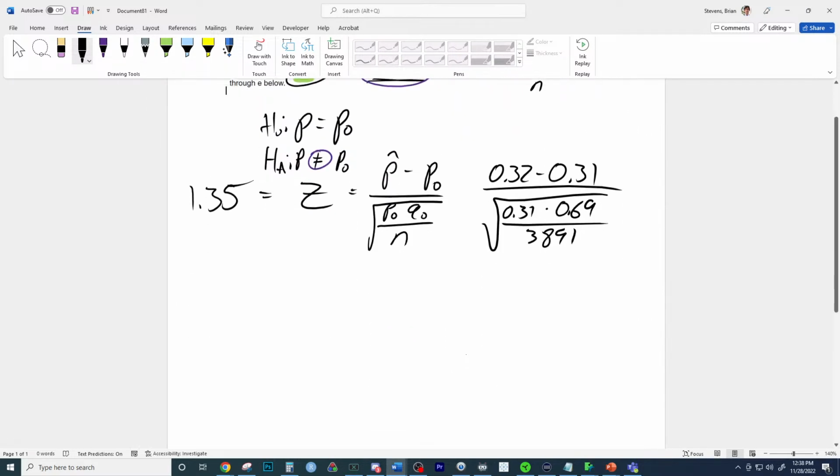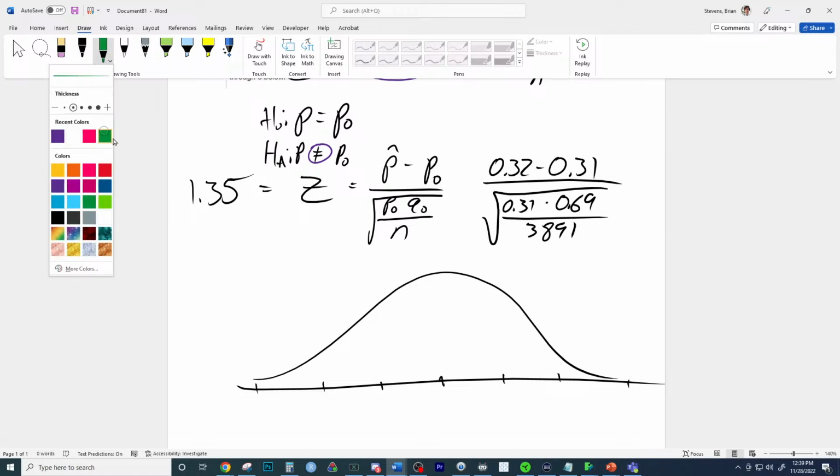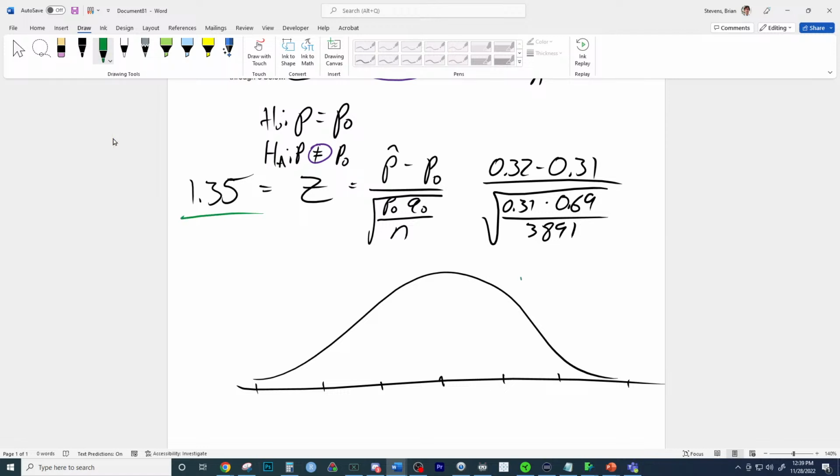And so that means when we go down here to our curve, we'd graph 1, 2, 3, 1, 2, 3. We put where our results landed. Here's our results. It landed right here at 1.35. Then we graph down here at negative 1.35.